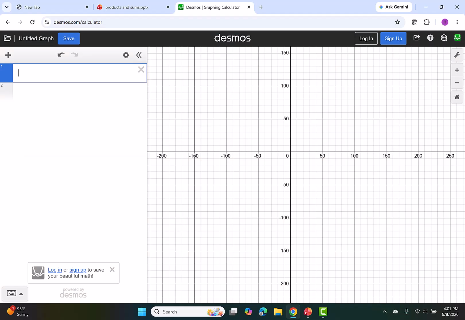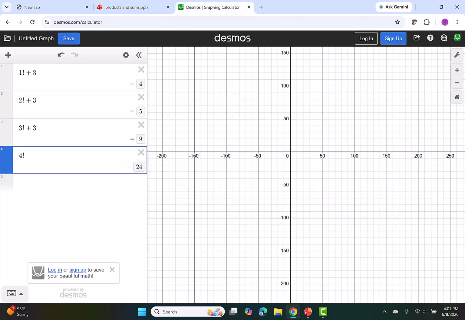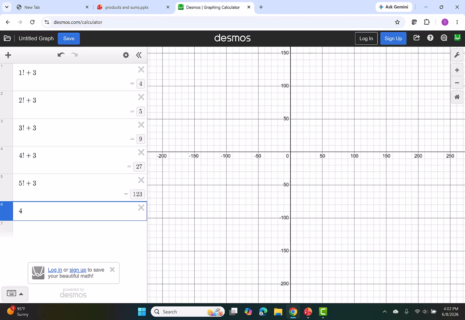If you want to see each piece of your sequence, you can type 1 factorial plus 3, then 2 factorial plus 3, 3 factorial plus 3, 4 factorial plus 3, and then 5 factorial plus 3. Now we can add the 4 plus 5 plus 9 plus 27 plus 123 to get our grand total of 168.